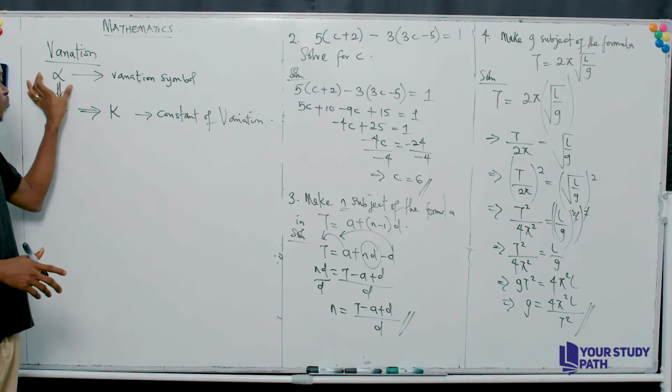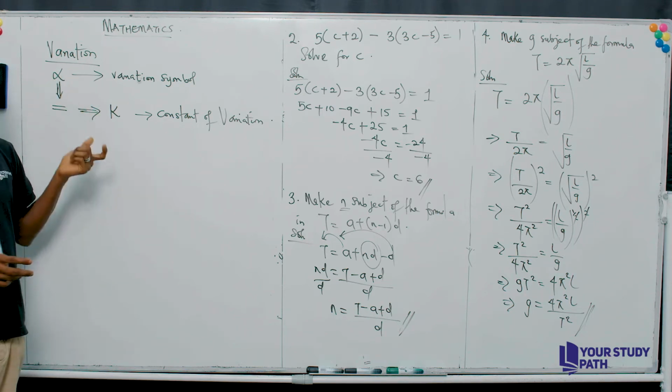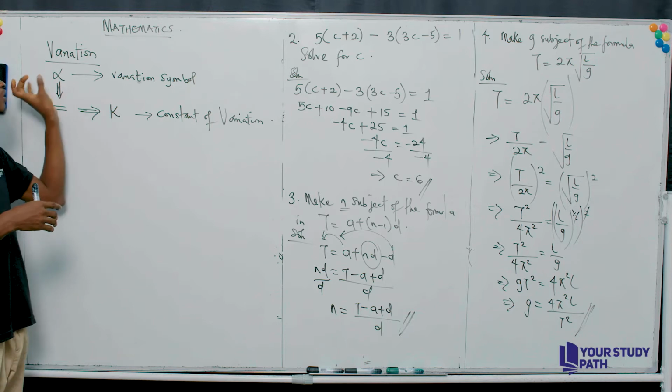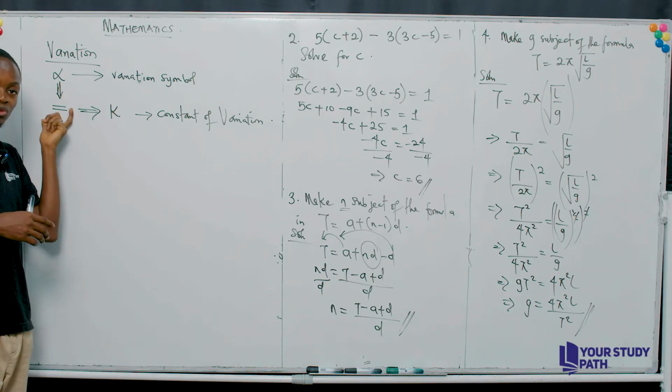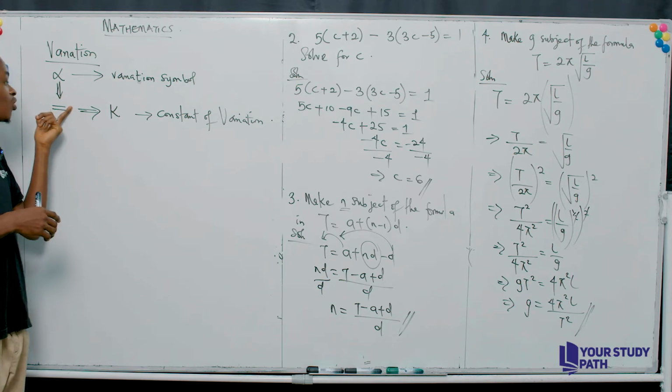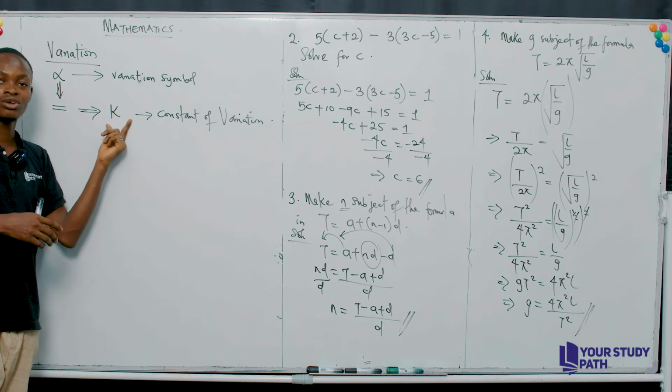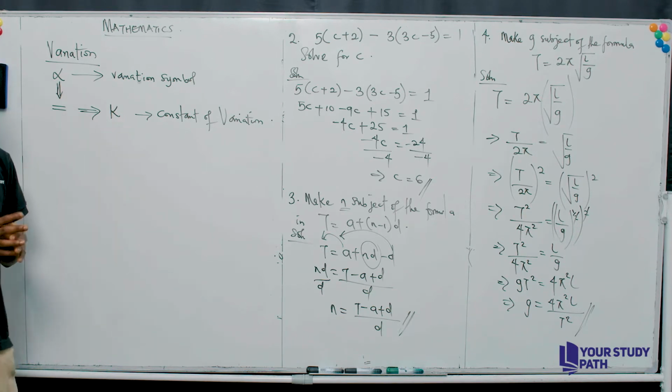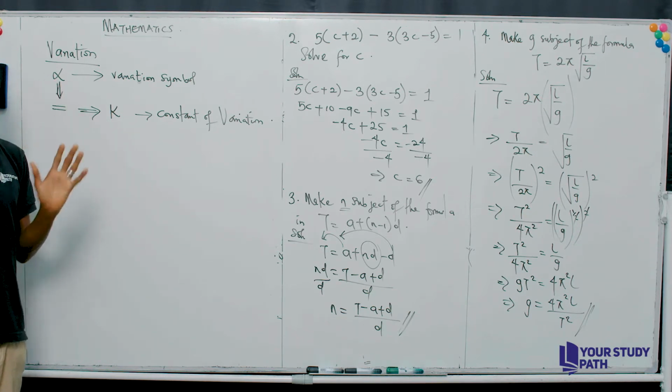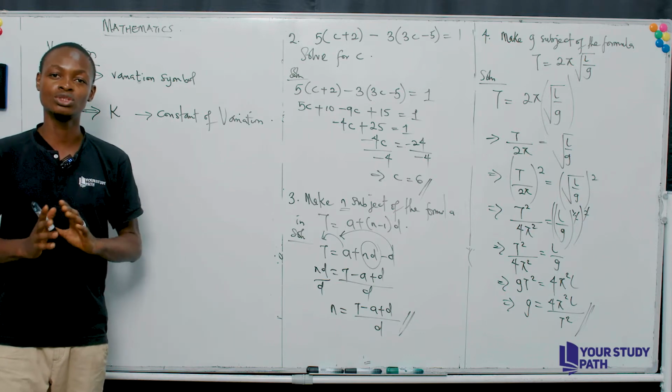Either one works in this case. Now, we start first with the variation symbol. Our goal is to transform that variation symbol into the equal to. Transforming it into the equal to introduces the constant of variation, which you have to calculate for. This is the general process all our variations will go into.